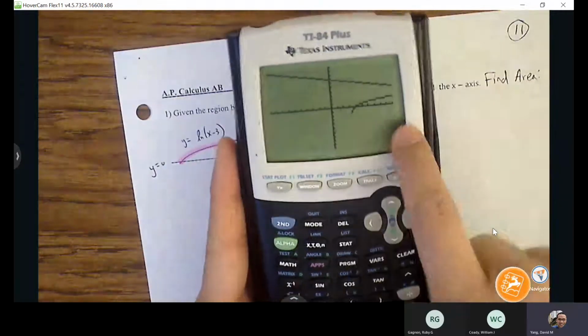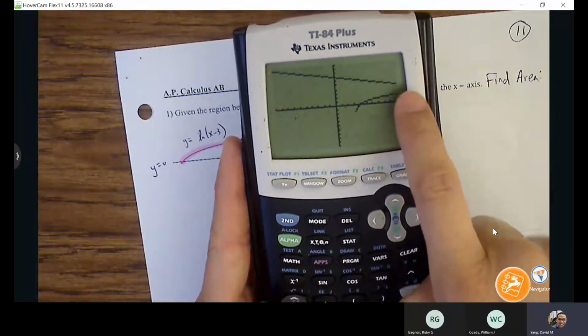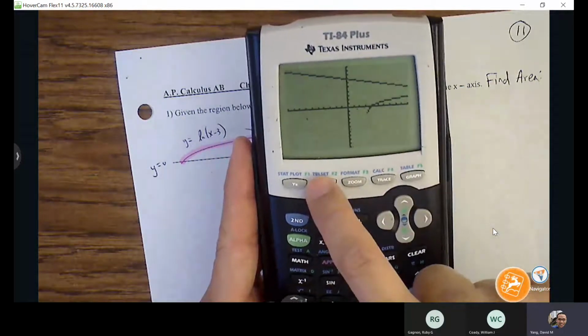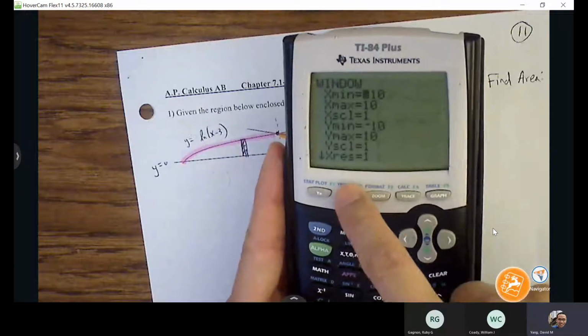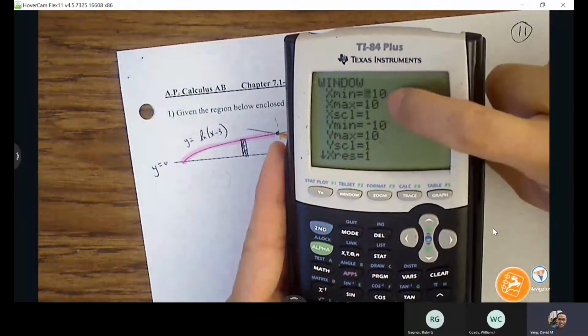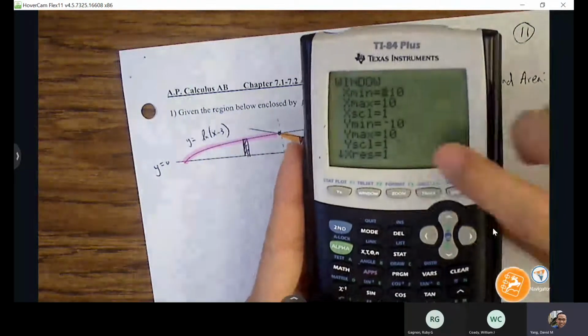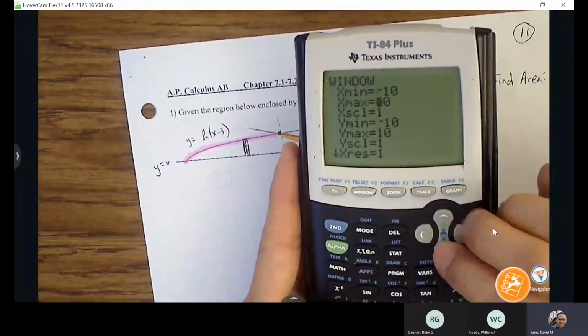Now, if you can't see quite the entire graph, you can zoom out, or you can go to Window and adjust your x min, x max, y min, y max. You can allow the graph to show you more. In this case, it looks like you want to see more of the right of the graph.